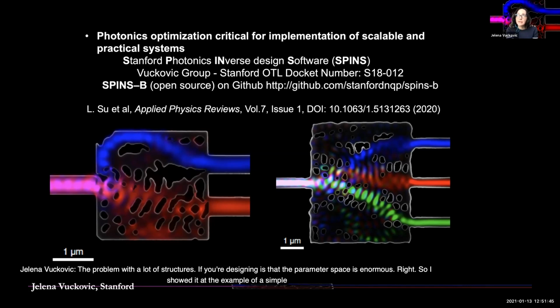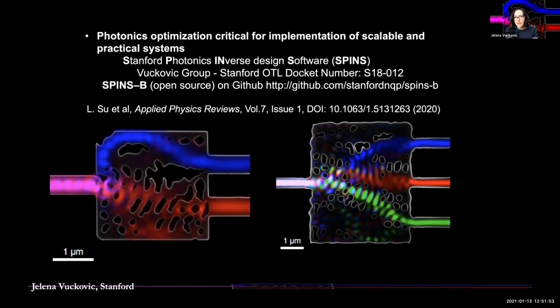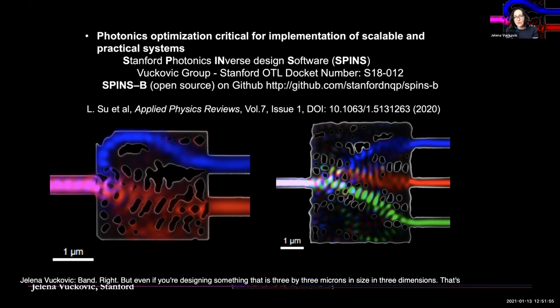The problem with a lot of structures that we're designing is that the parameter space is enormous, right? I showed it with the example of a simple bend. But even if you're designing something that is 3 by 3 microns in size in 3 dimensions, that's larger than the typical unit cell of a metasurface that people are designing.